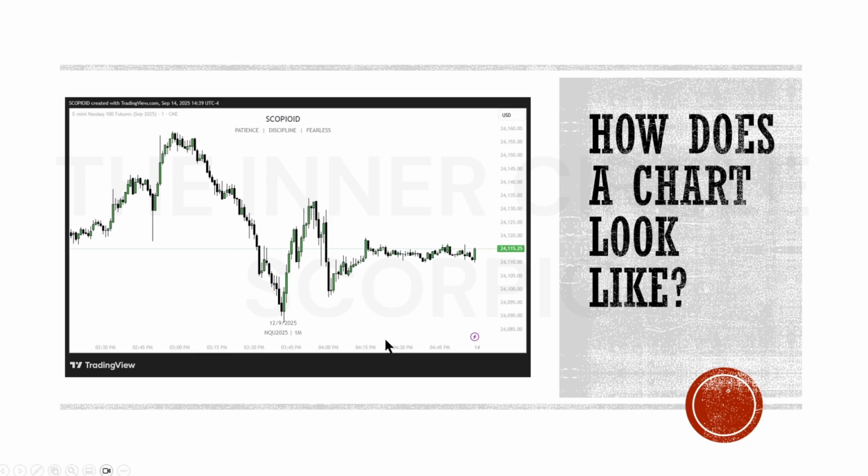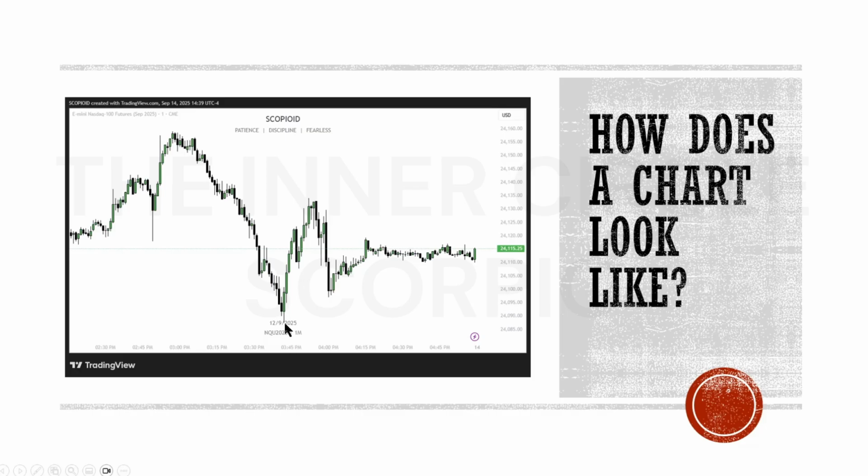So if you look at a chart, the chart gives us the price of a market. It can be stock, commodity, futures, anything. It gives us the price of that market at a certain point in time. Like for example, at 4 p.m. the price went to 24,095, right?